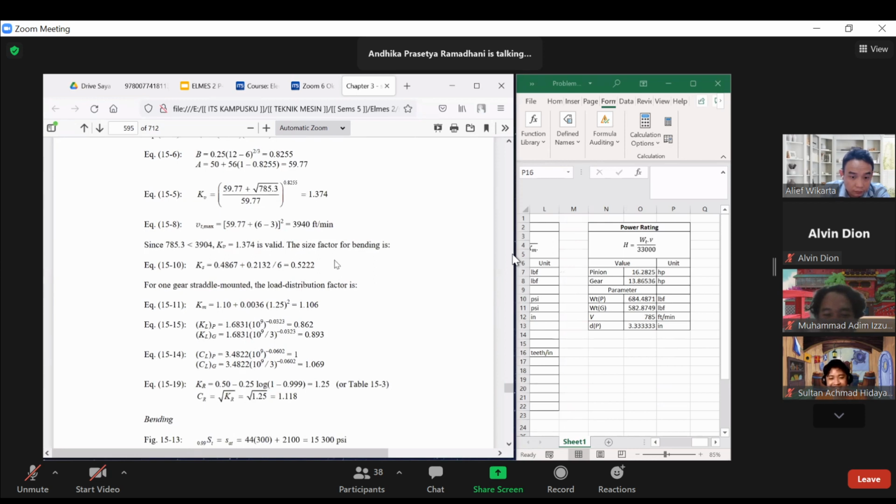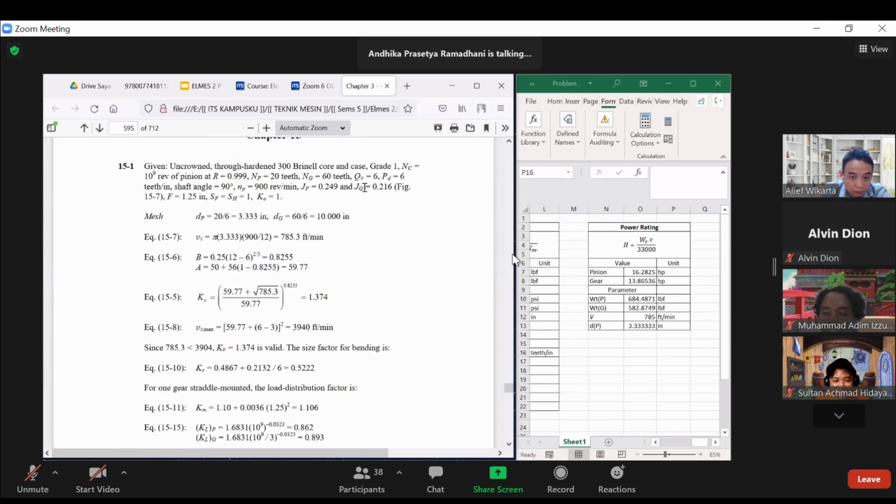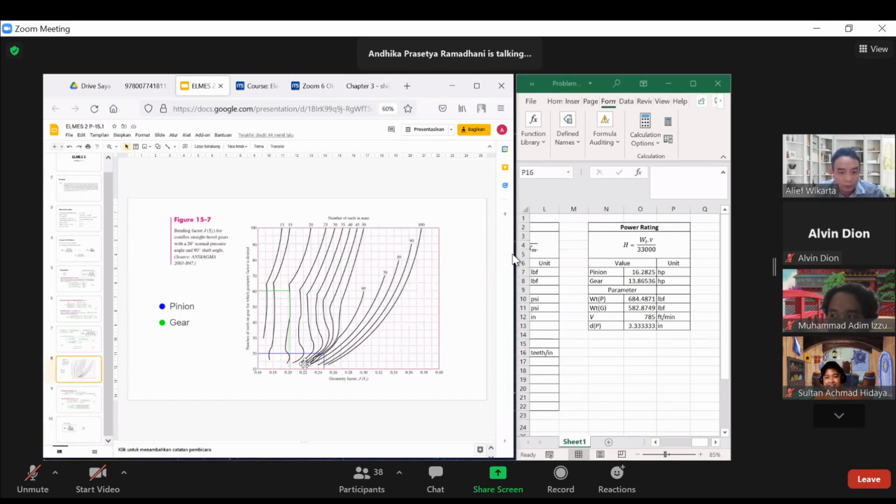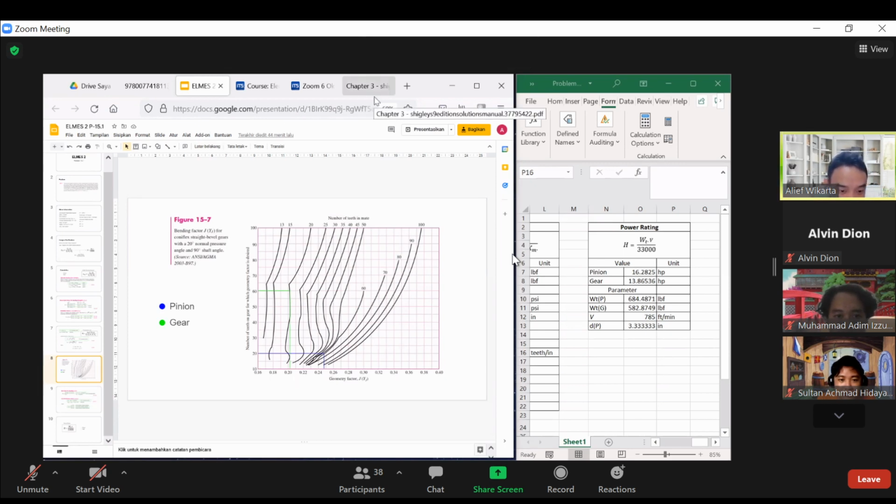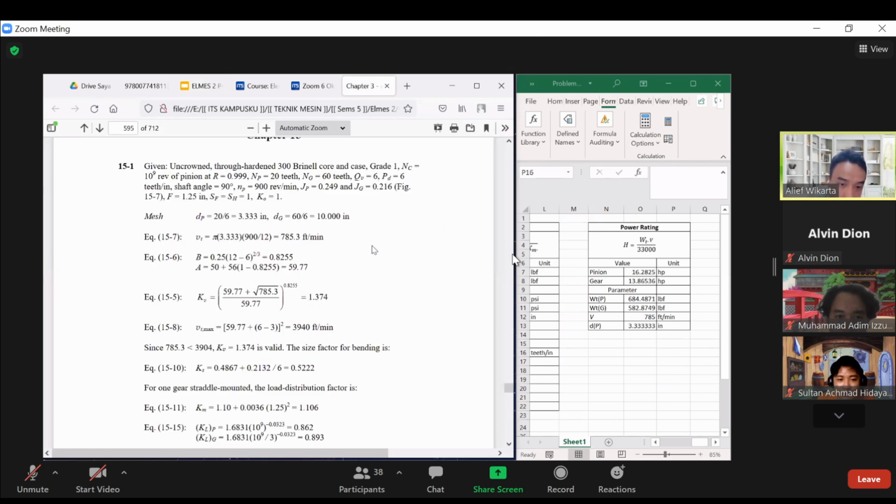The little difference is in the G values. I'm not sure this is 0.216, because in here it's still around 0.20 and it's below 0.21. It depends on the number of teeth, 60 and 20.